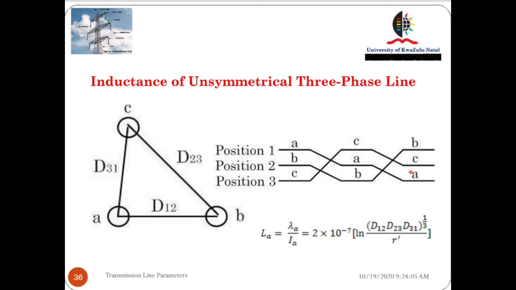Once we do that, we really get a true average value, or true mean value, of inductance for each of those three conductors, and they really become equal. They don't cause any more interference with the transmission lines that are nearby, and they cannot cause unequal voltage drop due to unequal inductance.